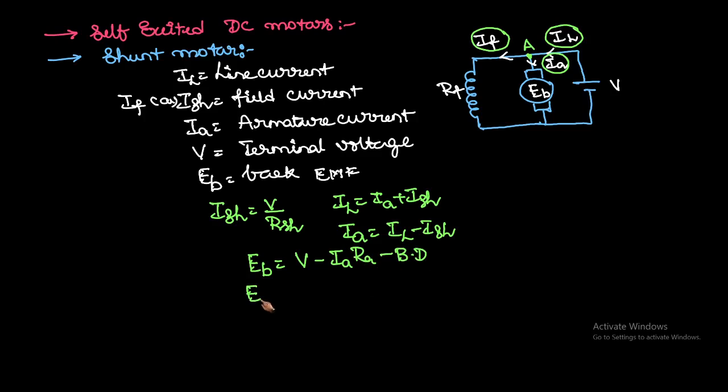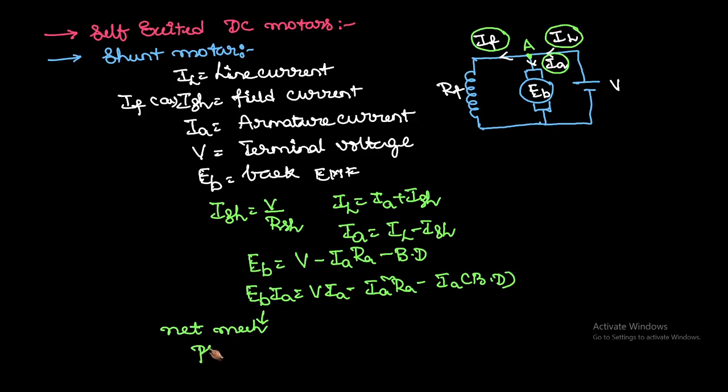If you multiply by IA on both sides, you will get EB into IA equals V into IA minus IA square RA minus IA into brush drop. So you already know what this is: the net mechanical power developed. Next, V into IA is the electrical power input.